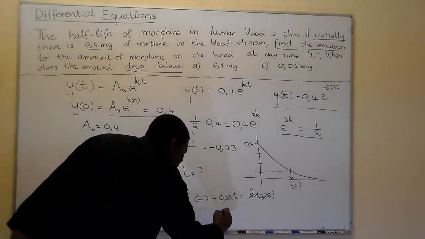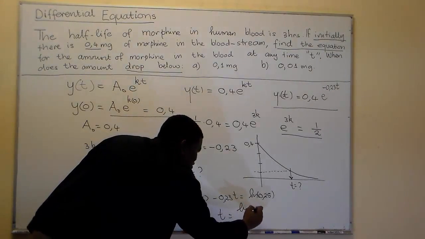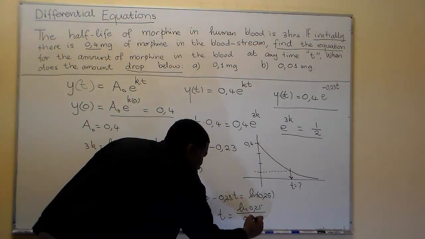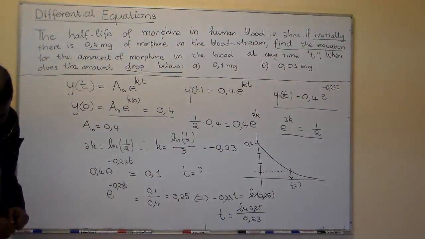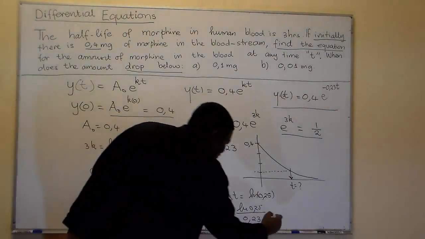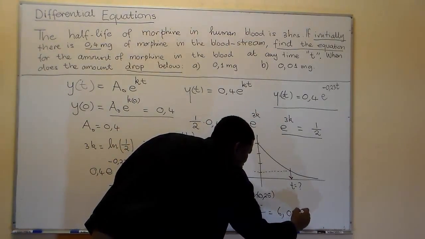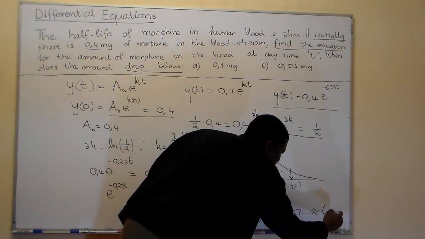So t equals ln of 0.25 divided by minus 0.23, and this is what gives us 6.027, which is approximately 6 hours.